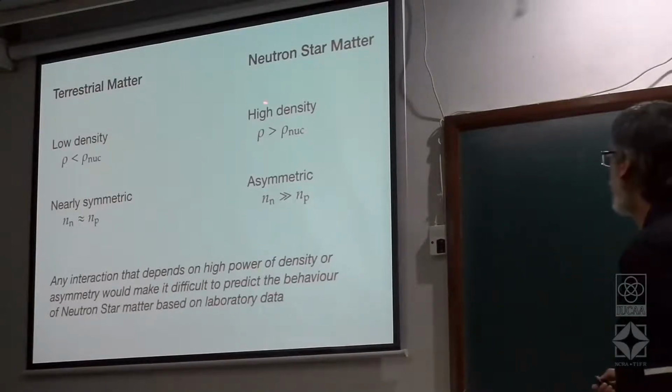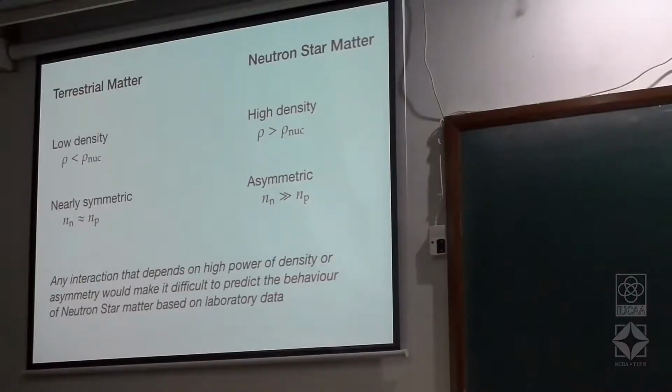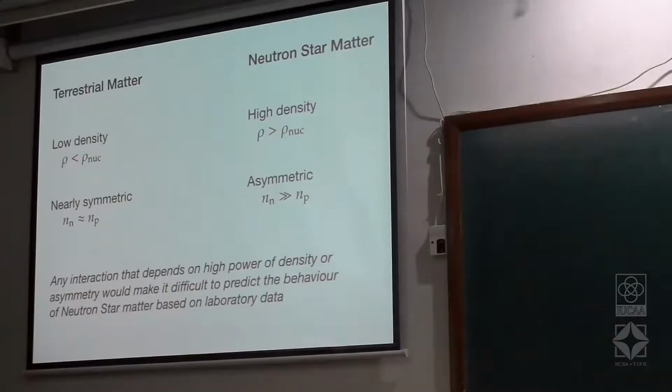Whereas in neutron star matter, we are talking about high, supranuclear densities, and matter becomes very asymmetric. So at the core of the neutron star, you may have at best 10 to 12% protons, mostly neutrons.